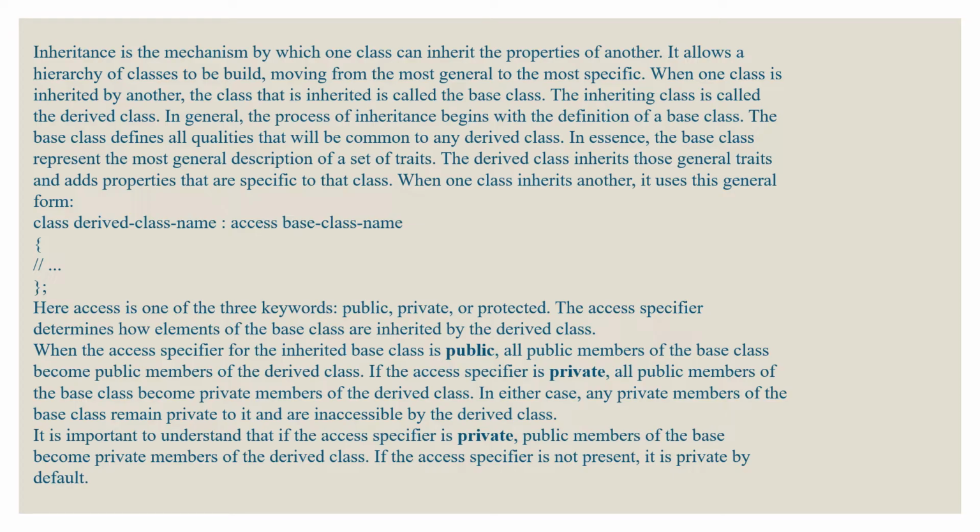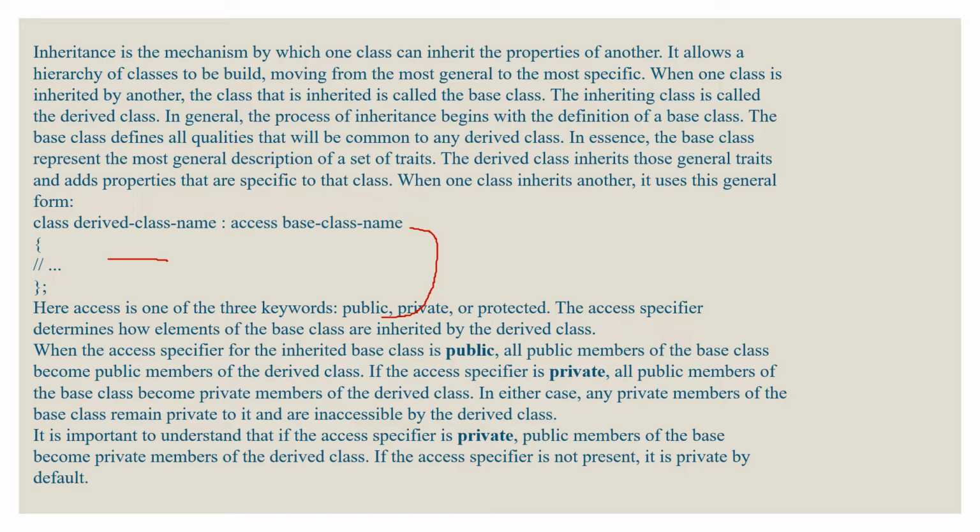For writing this in our program, we will use the declaration format. For creating a new class, we will write class and the class name. Here we have written the derived class name.